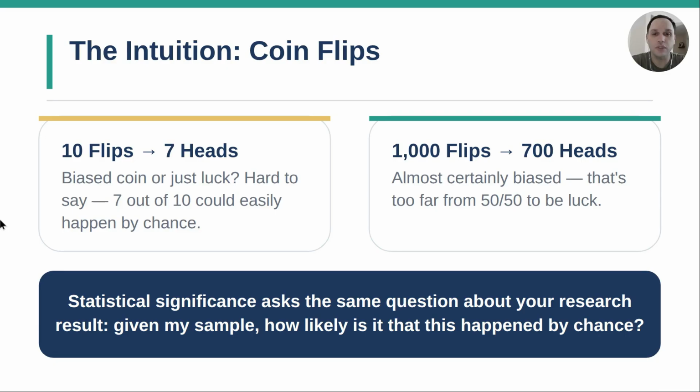That's a very different situation. Getting 700 out of 1,000 heads when the coin is fair is astronomically unlikely. Almost certainly, the coin is biased. Statistical significance applies exactly the same logic to your research results. Given your sample, how likely is it that what you're seeing happened purely by chance?